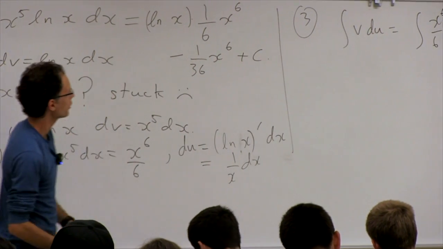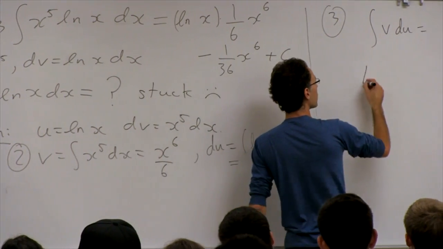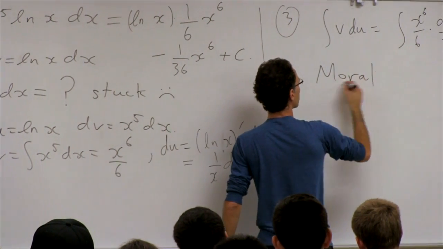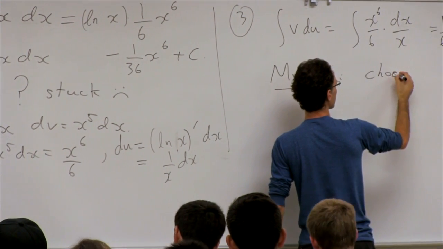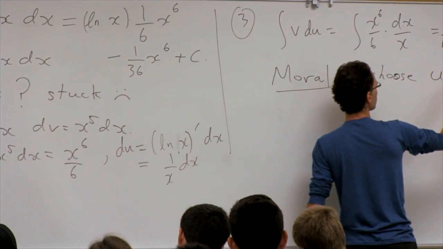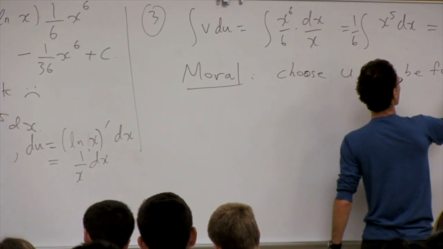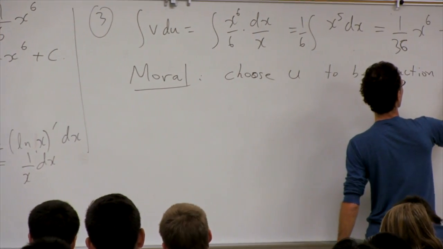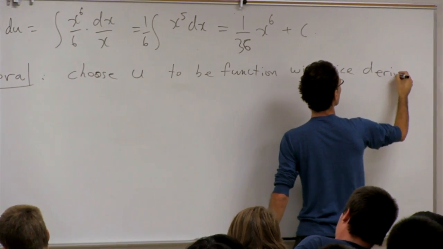OK, so there's a clear moral to this story: choose, sometimes, u to be the function with a nice derivative.